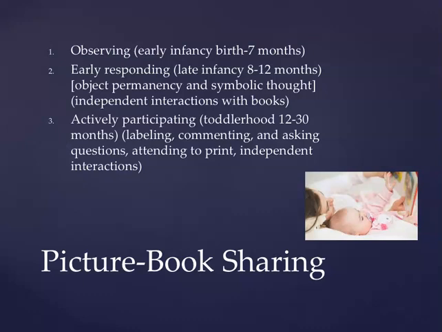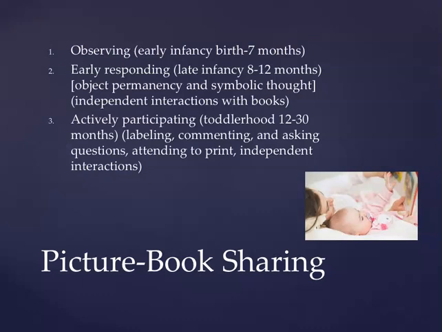In toddlerhood, which goes from 12 months to 30 months, there is an active participation now with that shared book experience. And they start labeling images that they see in the illustrations. They start making comments about what's happening in the illustrations. They start asking questions about what is happening in the story. They start paying attention to print.